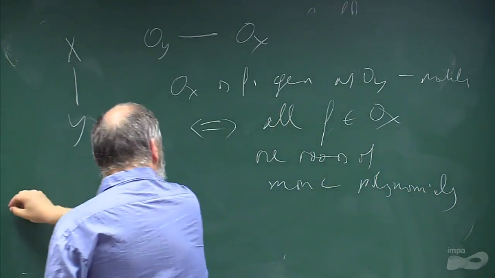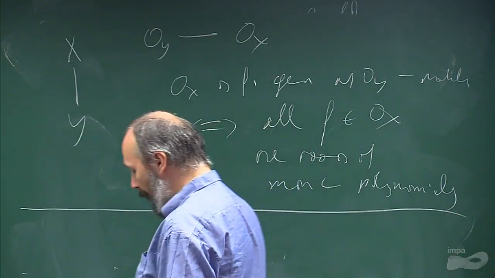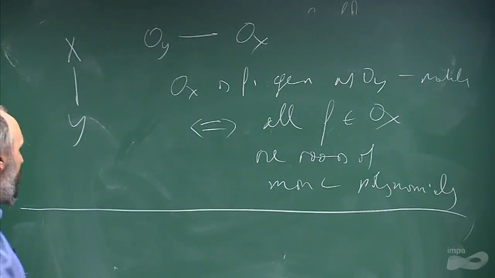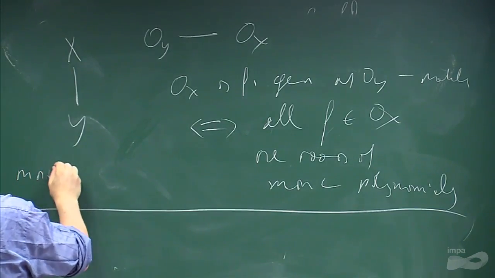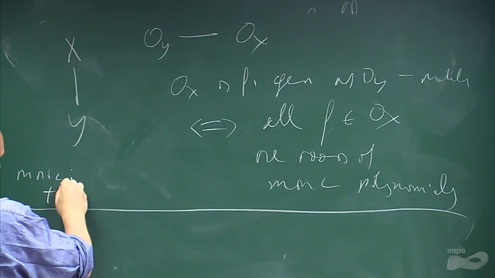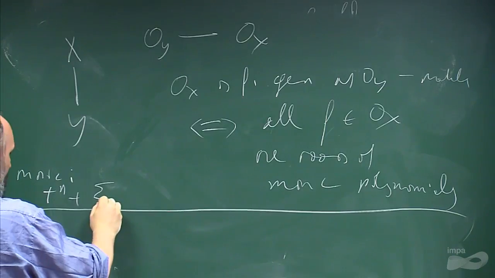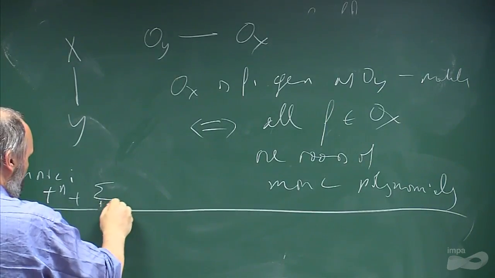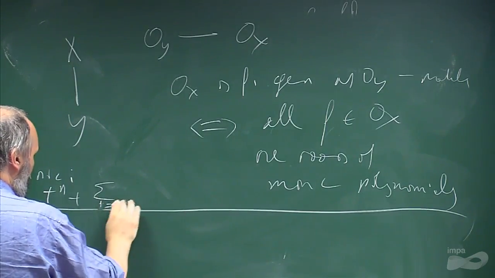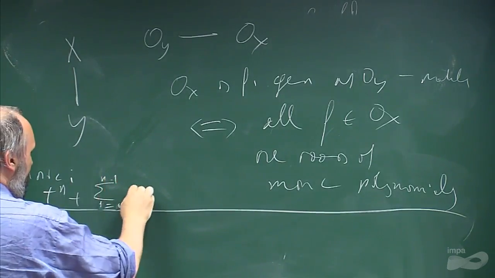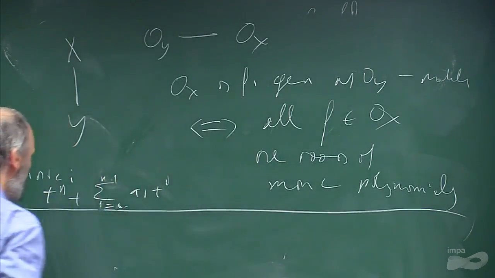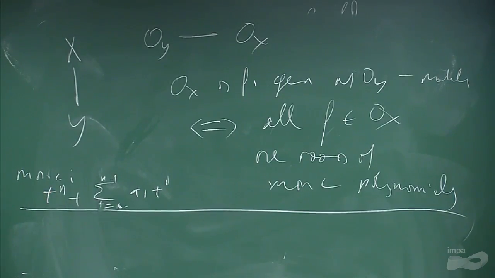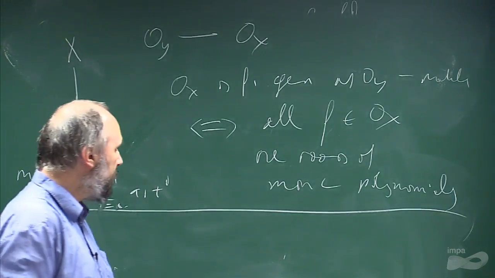This is an observation we did several times, and I'm going to use it a lot. And monic is t power n plus the sum from i equals 0 to n minus 1 of ai t power i. So monic is a polynomial with a leading term 1.